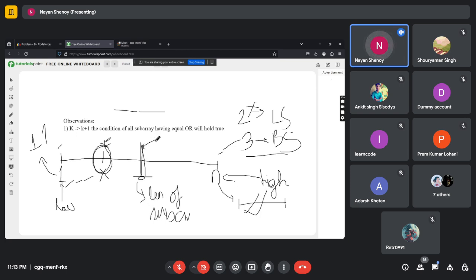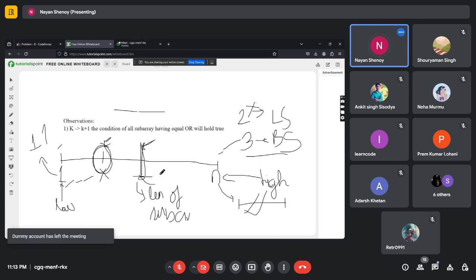So now we found mid. And now let's say this mid is k here. Okay. So now let's assume for k, we have gotten the answer that for every subarray of length k, the OR has come out to be equal for every subarray.